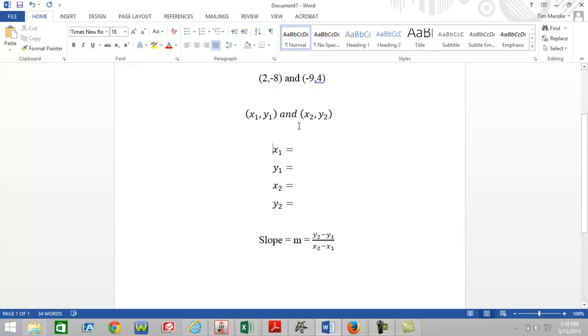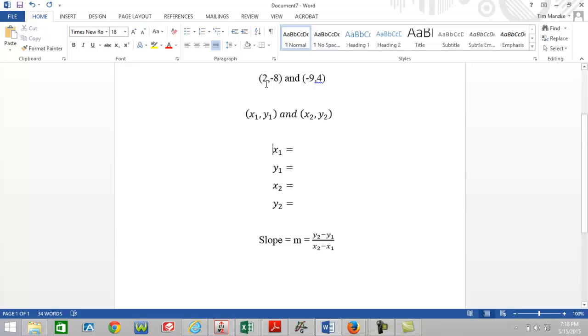There's a couple of different ways you can do it, but the method I'm going to show you is just go in order here. The formula requires having an x1 value, a y1 value, an x2 value, and a y2 value. So just go from left to right filling in these values.